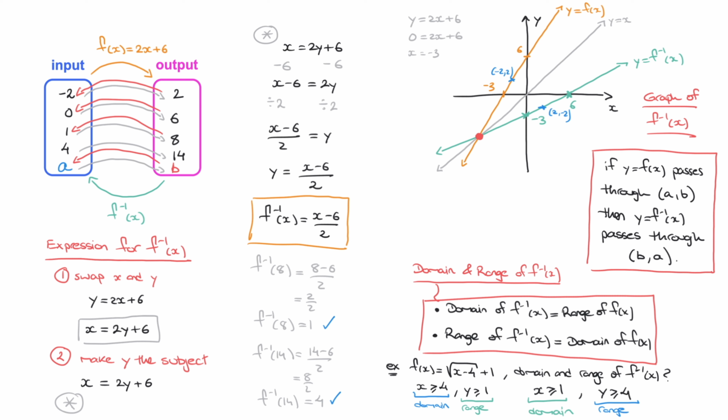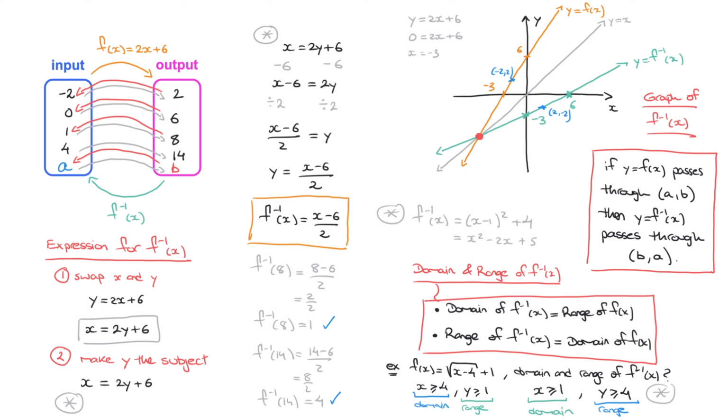If you're curious to know what this function's inverse function would look like, go ahead and try to follow the two-step method we saw earlier on to find it. In doing so, upon simplification, you should find that this function's inverse function is equal to (x minus 1) squared plus 4, which you could also write as x squared minus 2x plus 5.